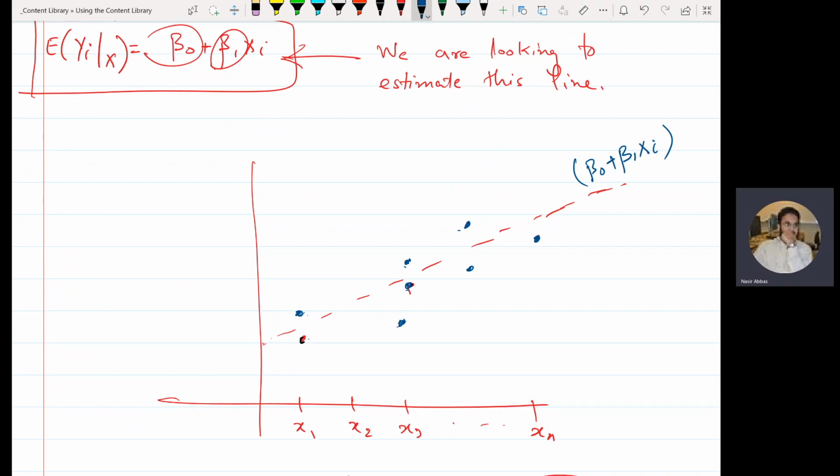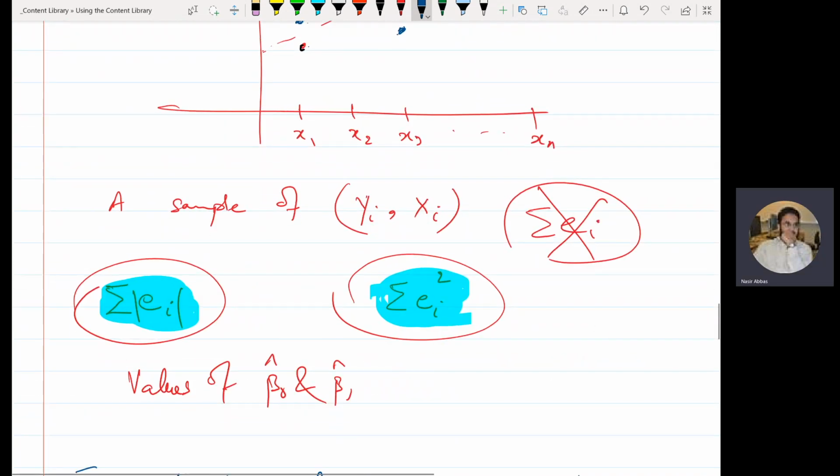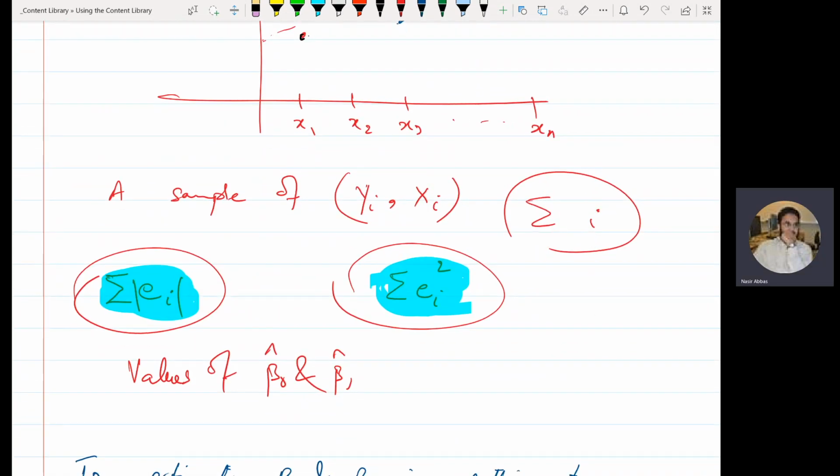So the thing we need to minimize is the difference between the points and this line. What we said here is the epsilon i's. We need to minimize epsilon i's, the difference between the points and the actual line, not the line that is going to come from the sample, the actual, imaginary line, which we don't know. So this is the quantity we are going to minimize.